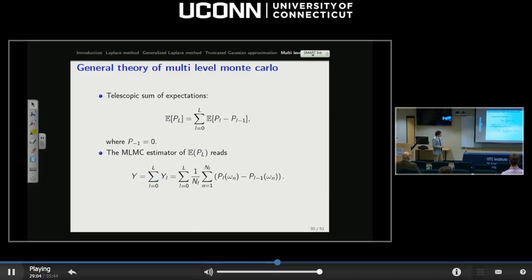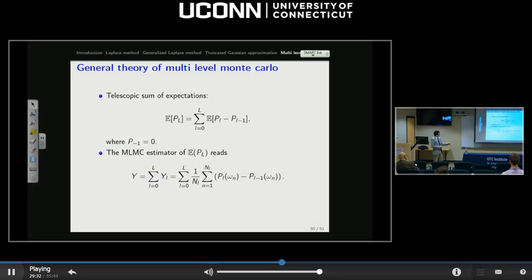However, you can write this expectation as a telescopic sum of the differences between two consecutive levels. And the lower the level, the cheaper the model. Once you build up this hierarchy, when L is very small, it's very cheap to evaluate, because the model is cheap.